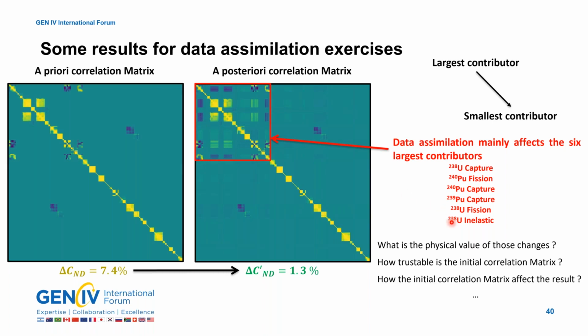So we will need to respond to some classical questions about data assimilation, about the physical value of those changes. Does a correlation between U8 capture and Pu240 capture have any sense outside of the reactivity loss?